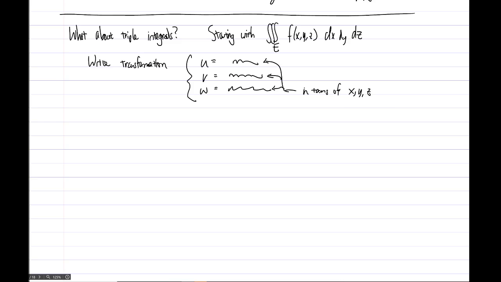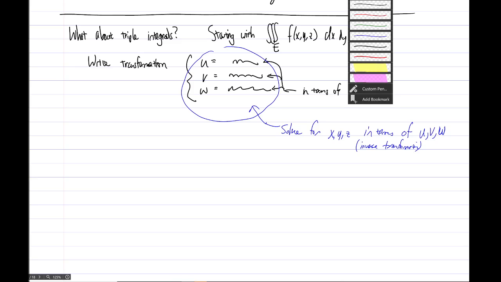But then what you do is you take these equations that are here, and then you'll solve for x, y, and z in terms of u, v, and w. Okay, that's that inverse. So doing that, this inverse transformation business going on again.